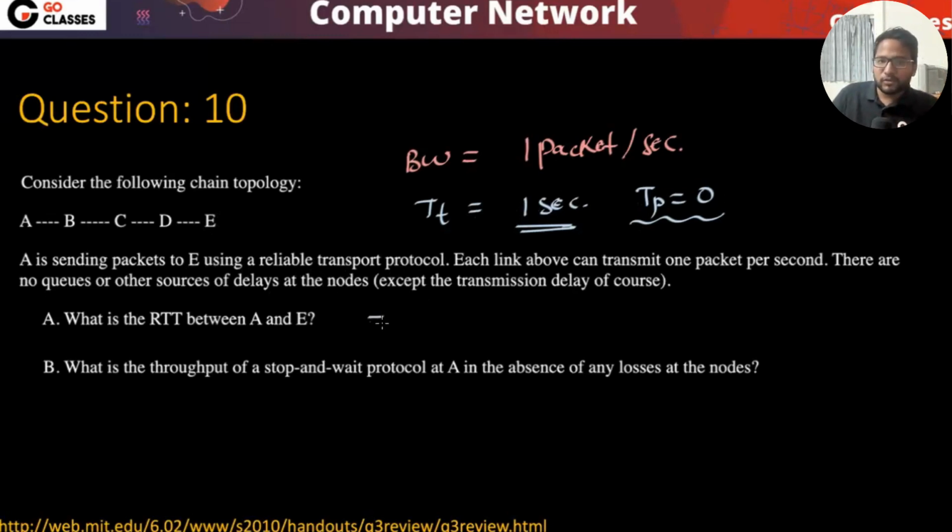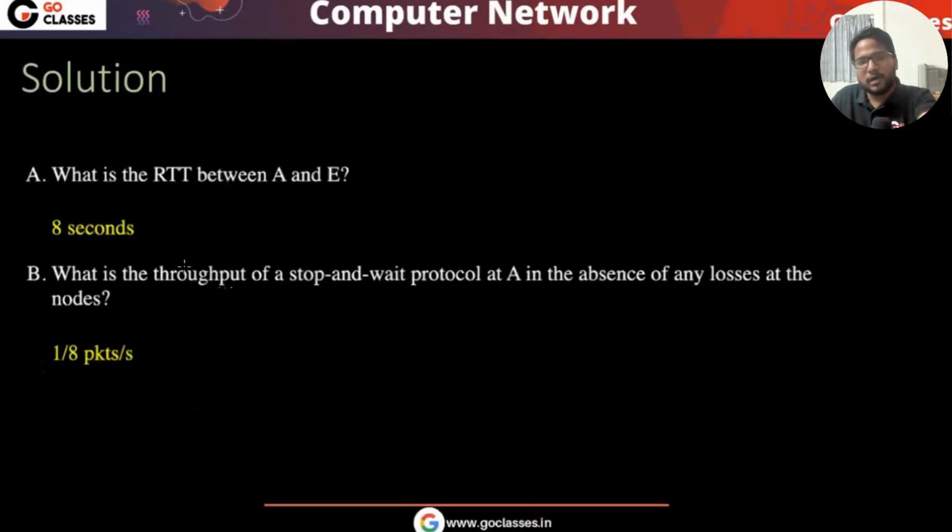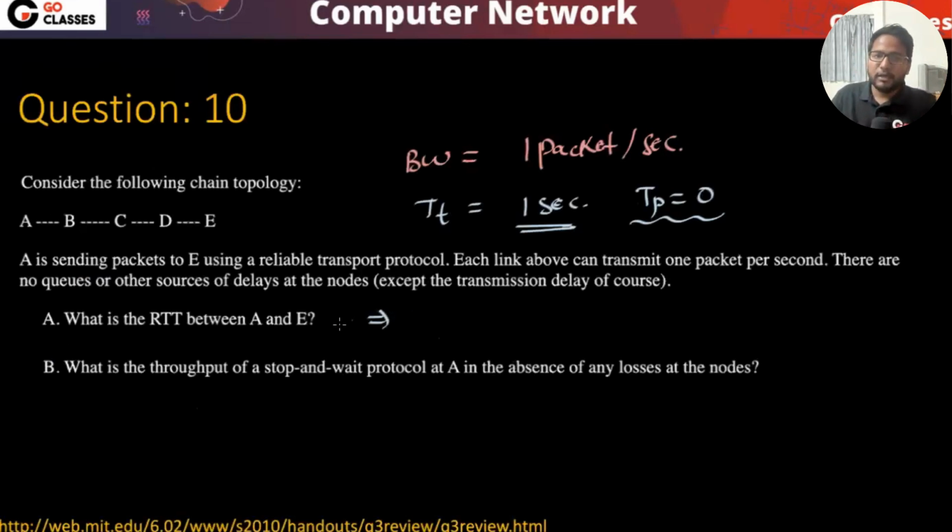Anyway, I have put this question just for the sake of understanding one thing. They have given the answer as 8 seconds. The reason could only be that they are considering that the acknowledgement is also taking some transmission time, let's suppose that is also 1 second. So in total you take 8 seconds.